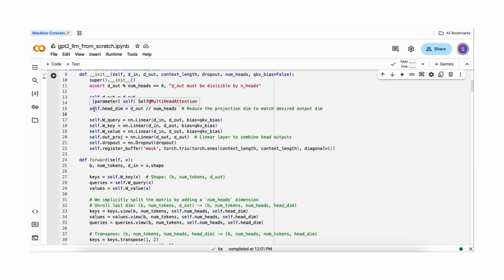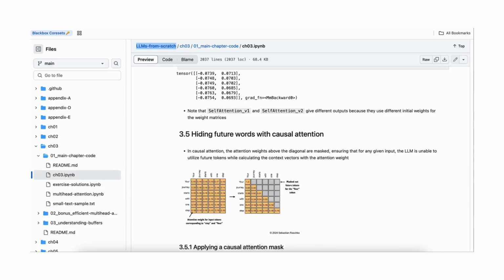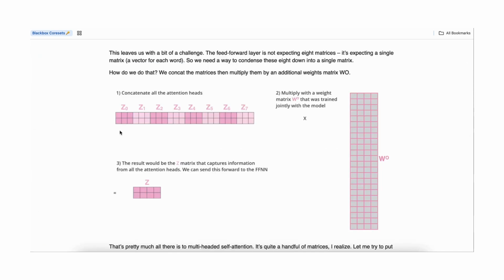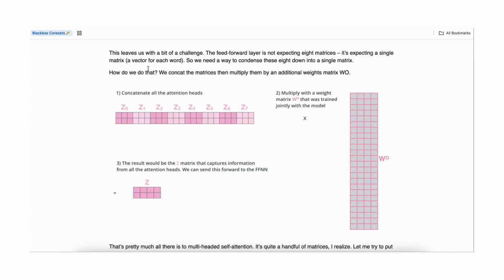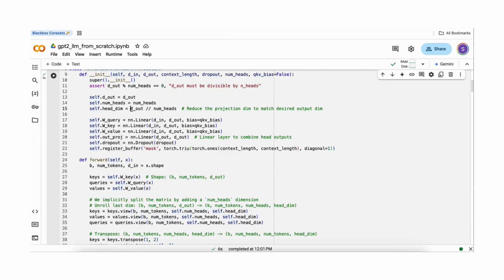The head dimension is the total, all of the C's here, and this must be divisible by the total number of heads. That would give us the head dimension. In this case, the head dimension is 3, and 3 multiplied by 8 is 24. That would be the D out in this case.